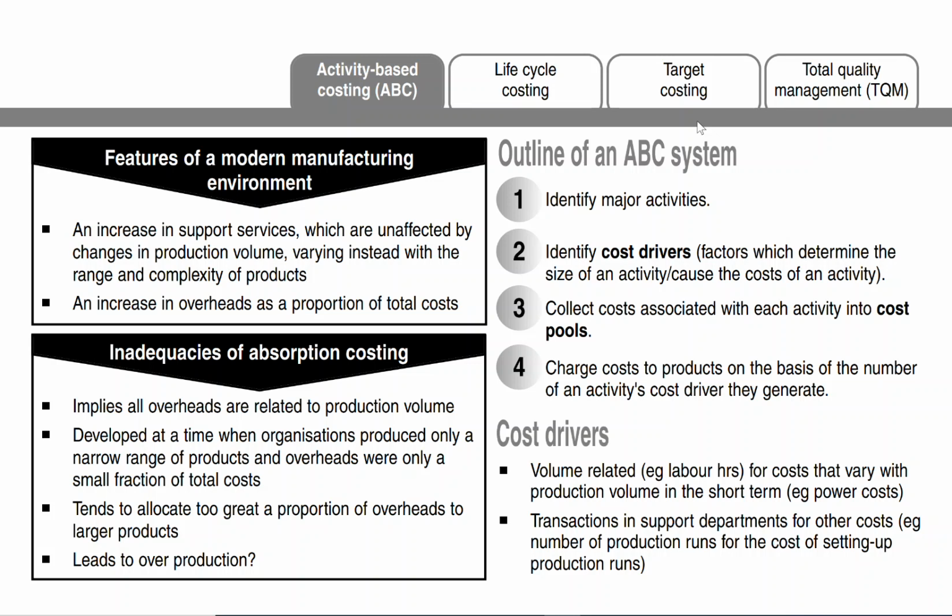So activity-based costing is the alternative of absorption costing, and it recognizes the cost structure of the modern manufacturing environment, and it recognizes the complexity of the production process. So instead of using only one unit or labor hour or machine hours, it uses many measures.